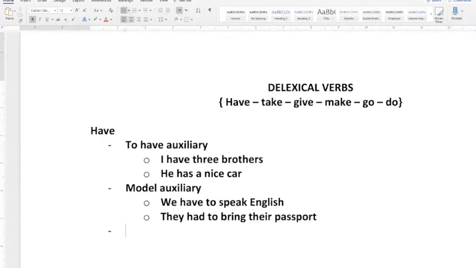So far you have learned them for the to have auxiliary, and you've also learned them for the modal auxiliary. But today we're going to use them as lexical verbs. So when we talk about have, what do we use it for?